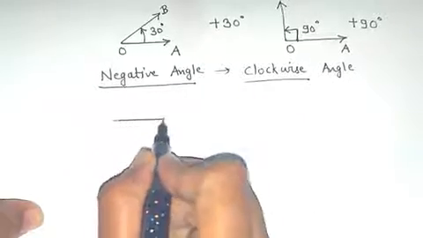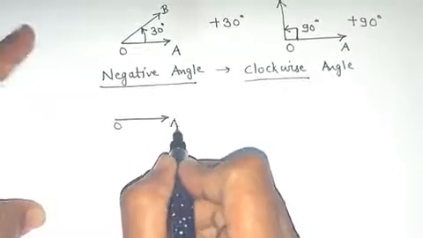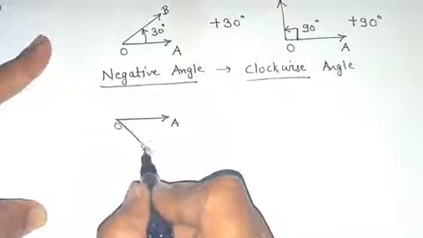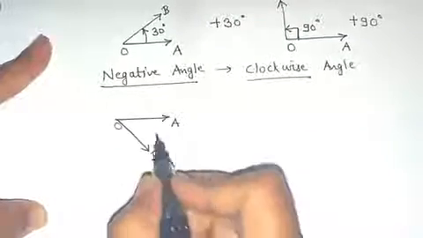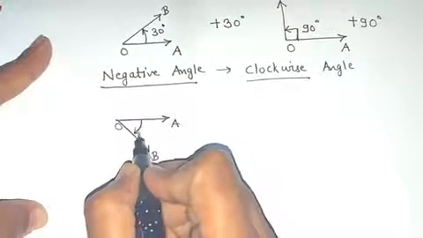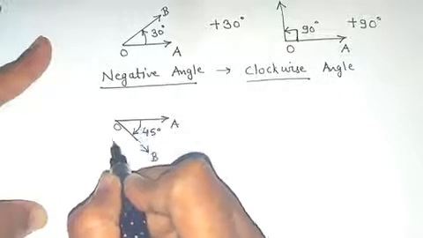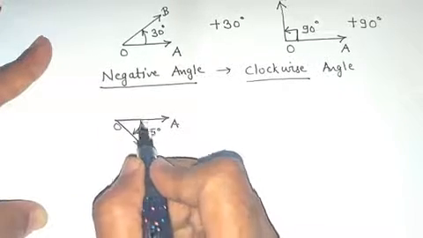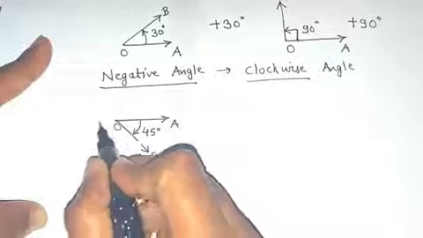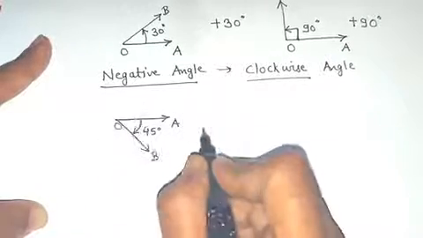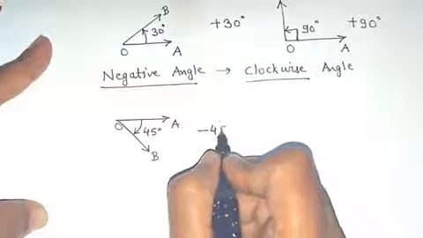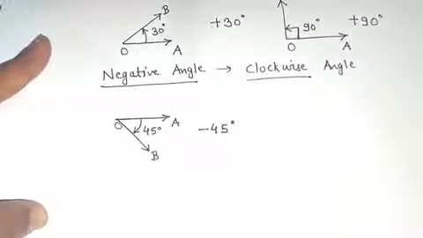For example, OA is the fixed ray and OB is the revolving ray such that this is 45 degree, but as the angle is traversed in the clockwise direction, that is in accordance with the needle of the clock, this will be indicated by minus 45 degree.